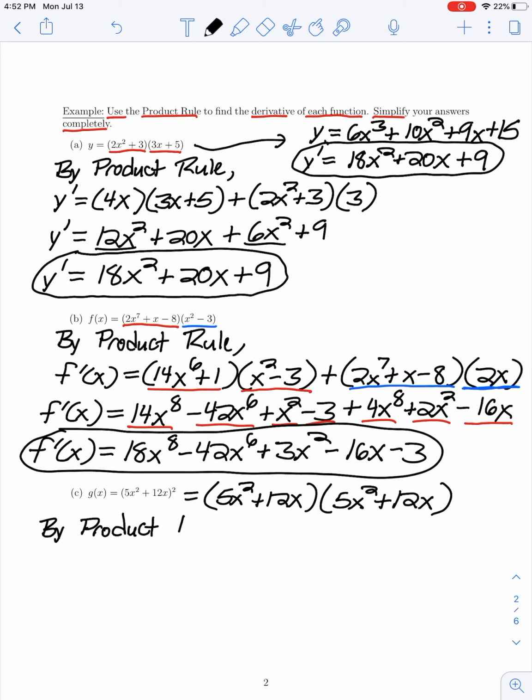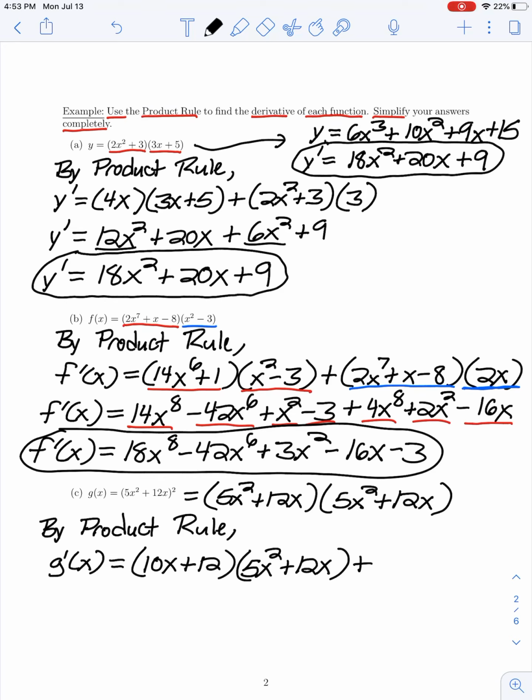So here, by the product rule, our derivative, g prime of x, is equal to the derivative of our first factor, our first function in the product, which is 10x plus 12, times the second function in our product, which was 5x squared plus 12x.